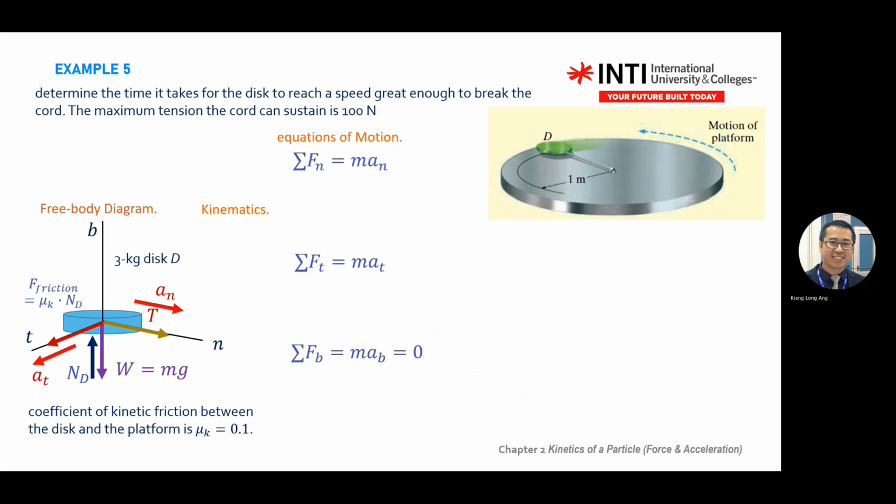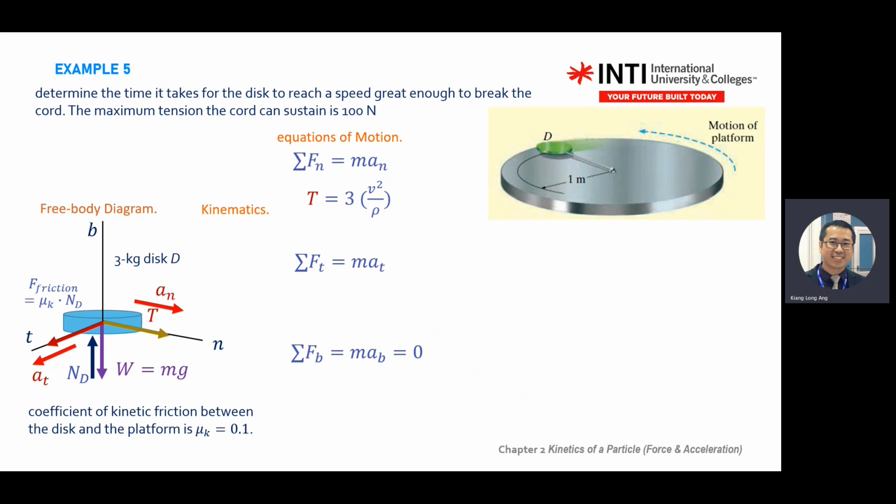This type of question, remember you have three axes. If you're given the axes, or it tells you the three-dimensional action, normally this one will help you find the missing parameter. You have three equations, you can solve three unknowns. If you forget about the third one, you will be stuck in the normal or tangent direction.